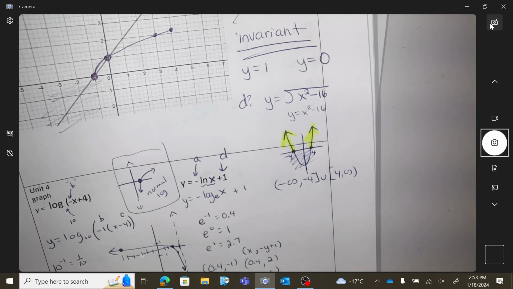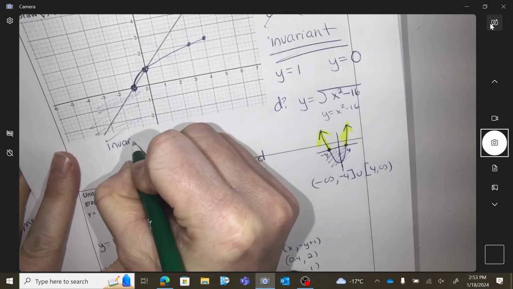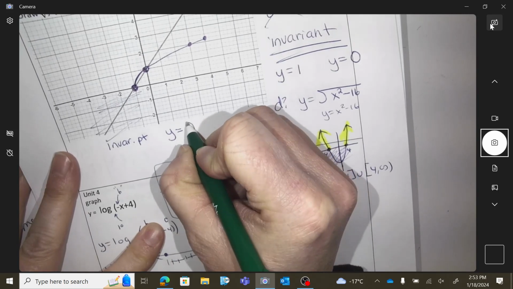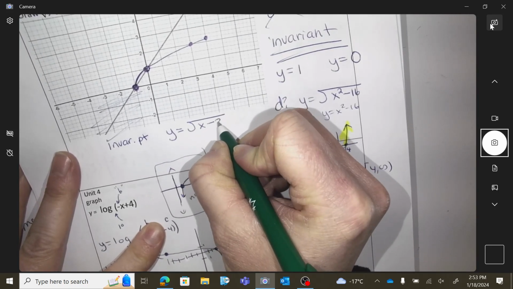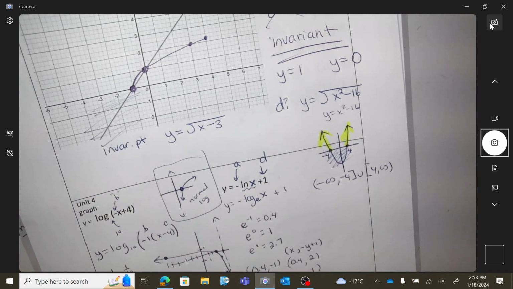I also gave you another question that I found hard on a provincial, which was name the invariant point on that.